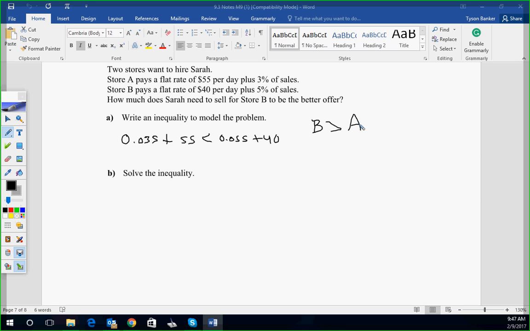We want B to be the better deal. Well, a better deal for you is whichever one you make more money. So we want B to be bigger than A. So this is B right here for him, and this is A. If you're wondering where I'm getting B and A, read the question right here. B and A. Okay? So now we have to solve it. Does that make sense?